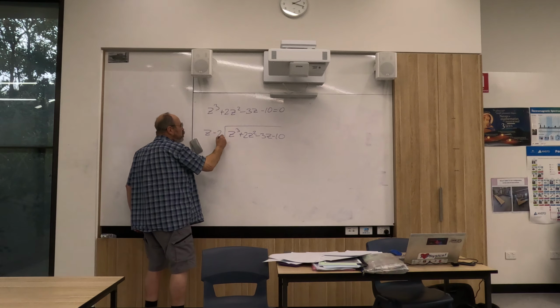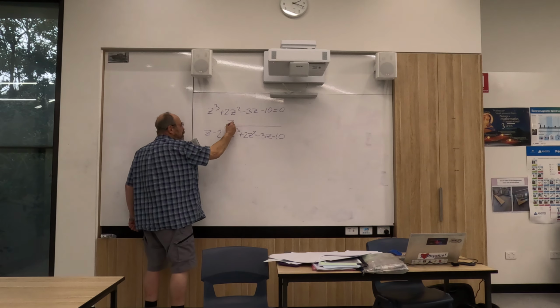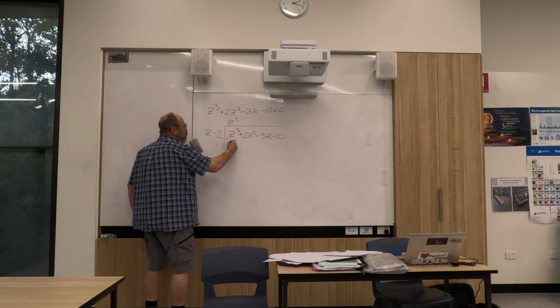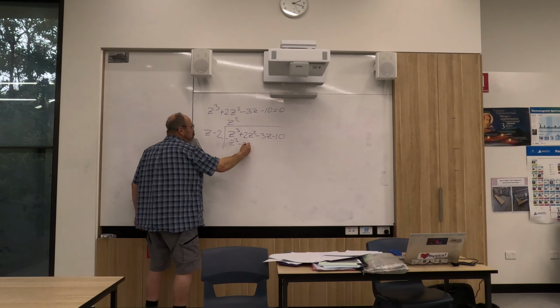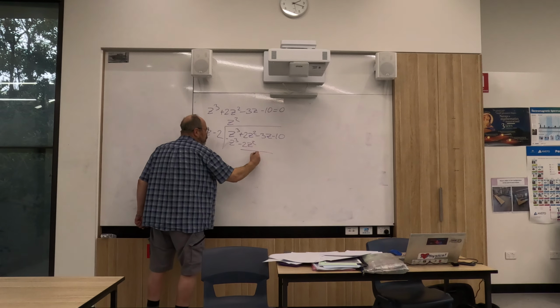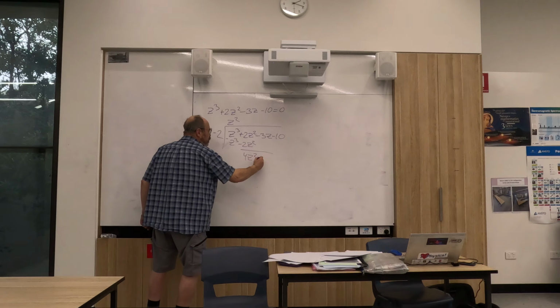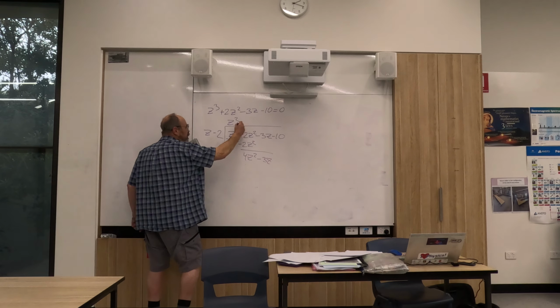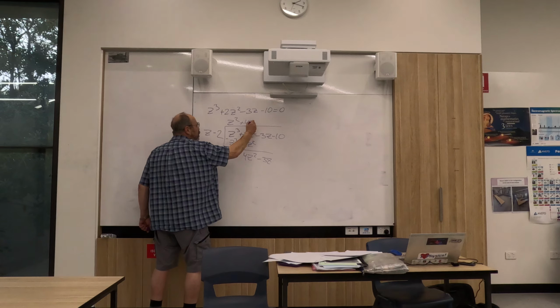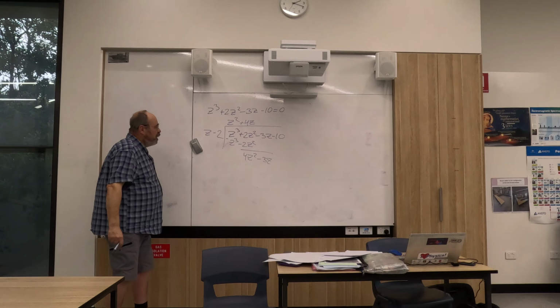Let's do polynomial division. z cubed over z gives z squared. Subtracting z cubed minus 2z squared, we have 4z squared minus 3z minus 10.